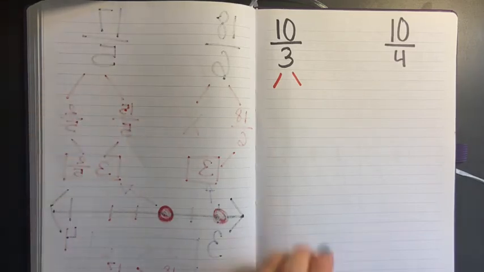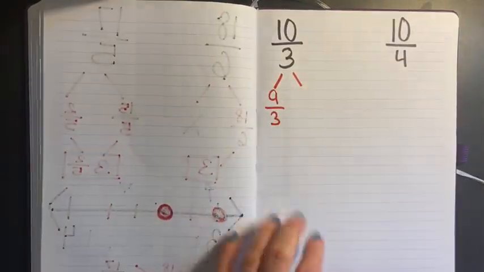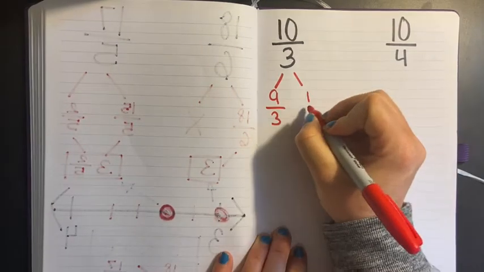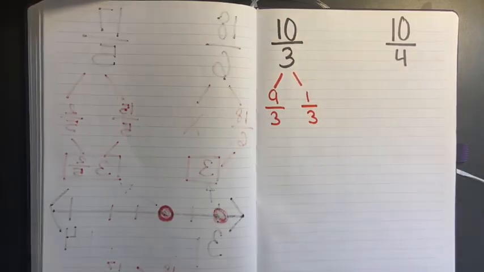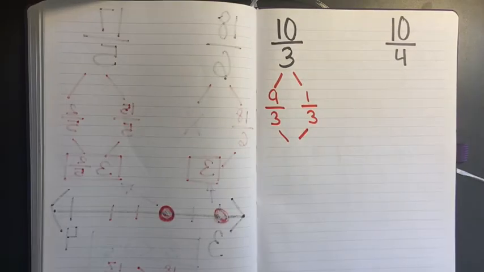3 times 3 equals 9, giving us the product of 9/3. So what is left over when we take 9/3 from 10/3? Yes, we have 1/3 left over. So we know that this is going to equal a whole number because 9 can be divided perfectly by 3.